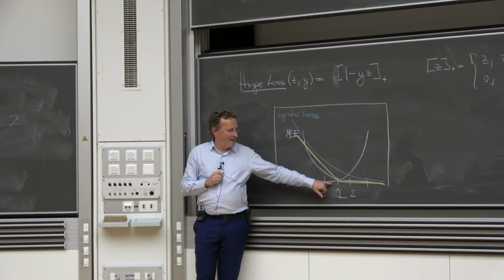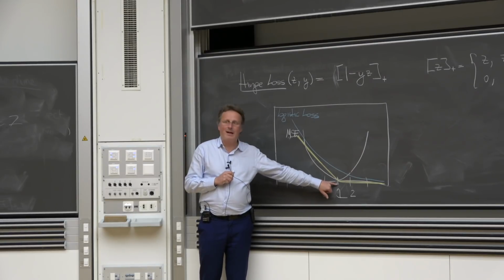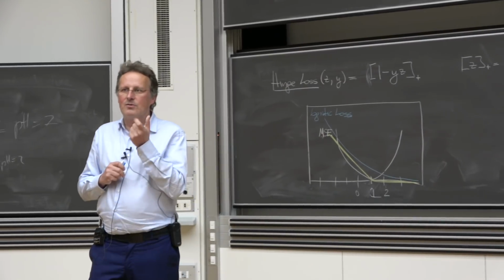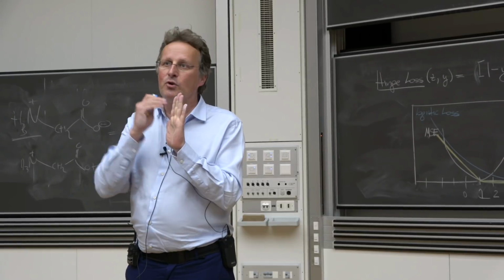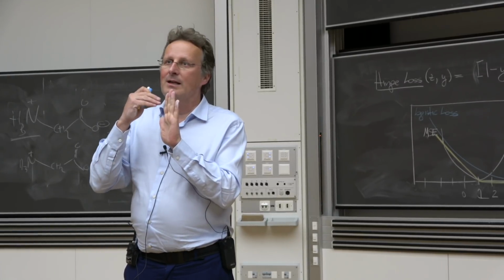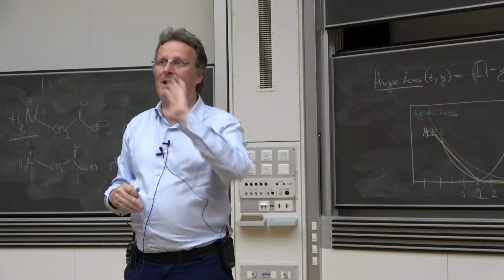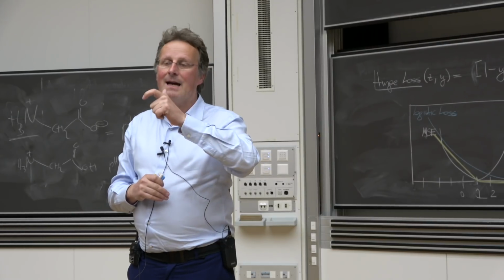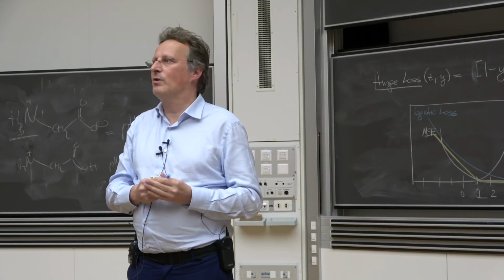So you still pay a cost as long as your prediction has the right sign but is not very confident, so you just have up to 1. It tries to push you so that when you give a prediction, you give a very confident prediction, 2, 3, okay? Then you pay nothing. But as long as your prediction is less than 1, even though you have the right sign, you still have to pay for it.